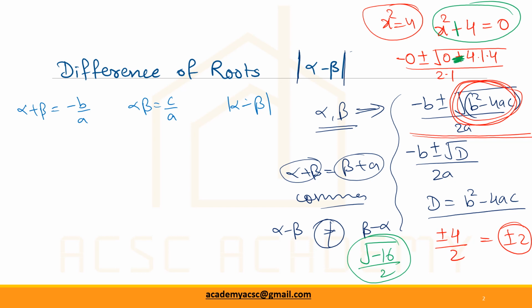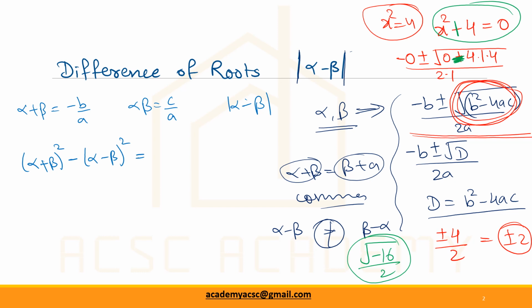You can think of an equation such as the whole square one, which we had just seen. We can say that if we take alpha plus beta the whole square and if we take alpha minus beta the whole square, then can we bring this into the form of alpha beta? Yes, it is possible.